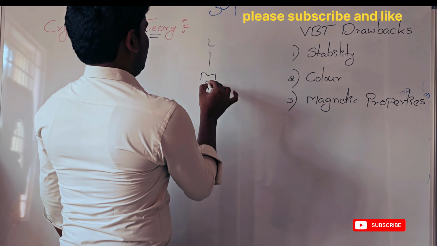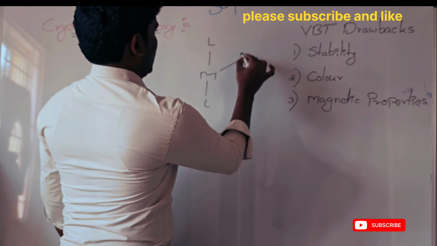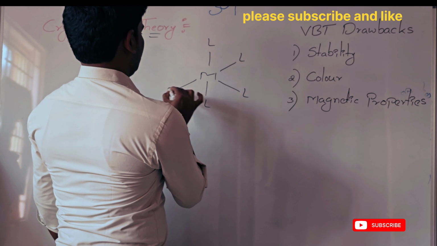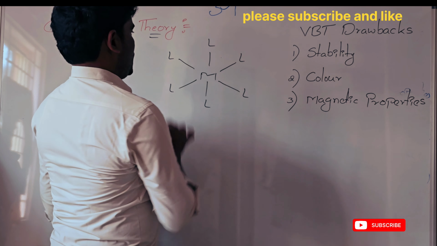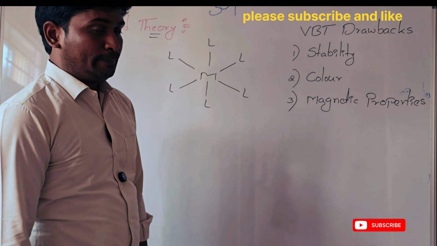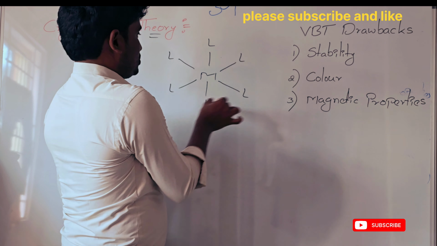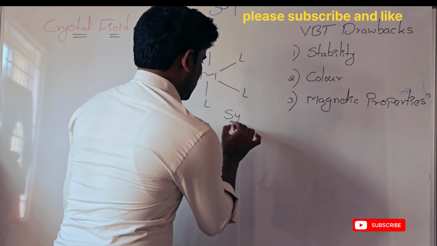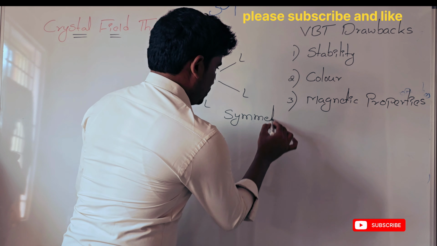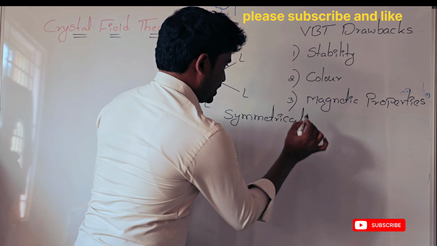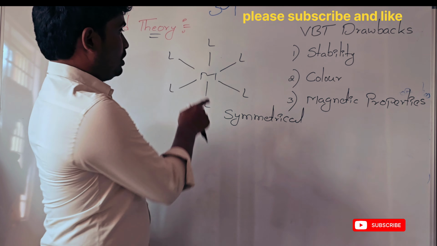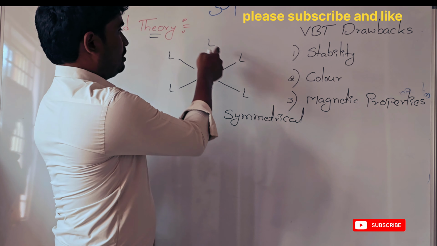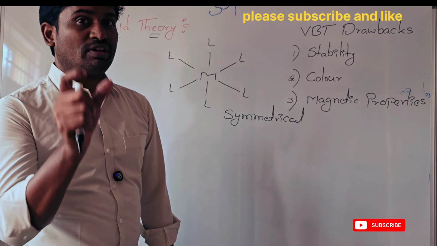As per the valency bond theory, this structure is a symmetrical arrangement. Symmetrical arrangement means the bond length between metal and ligand is equal for all six ligands.